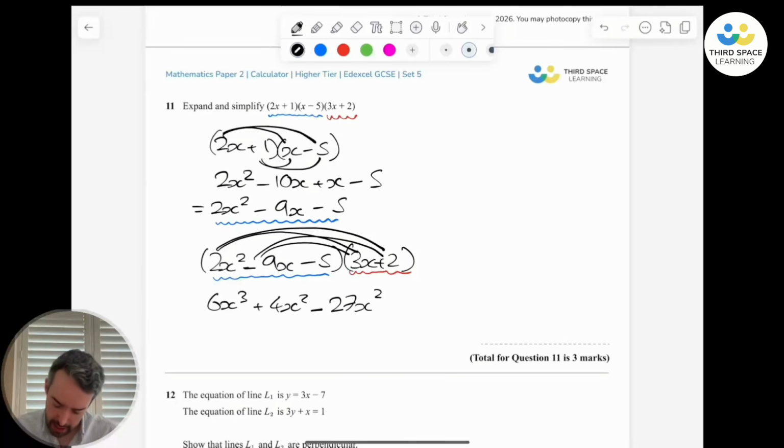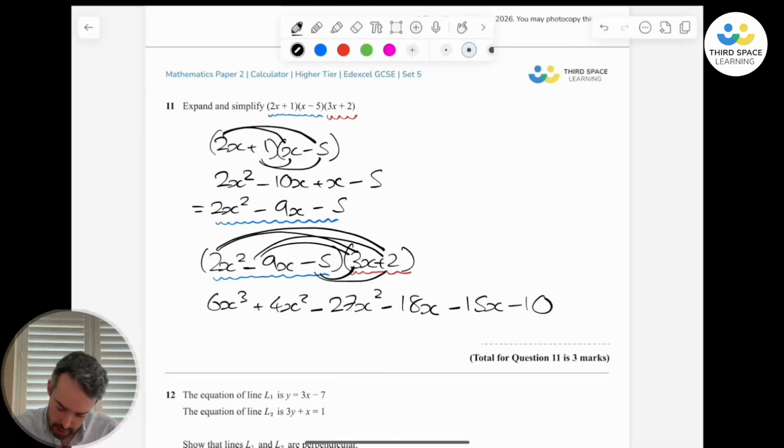Negative 9x times 2 is negative 18x. Just take your time with this. No mistakes are happening here. Not at all. Minus 5 times 3x, negative 15x. And negative 5 times 2 is negative 10. Right, okay, we're nearly there. Let's now collect these like terms together.